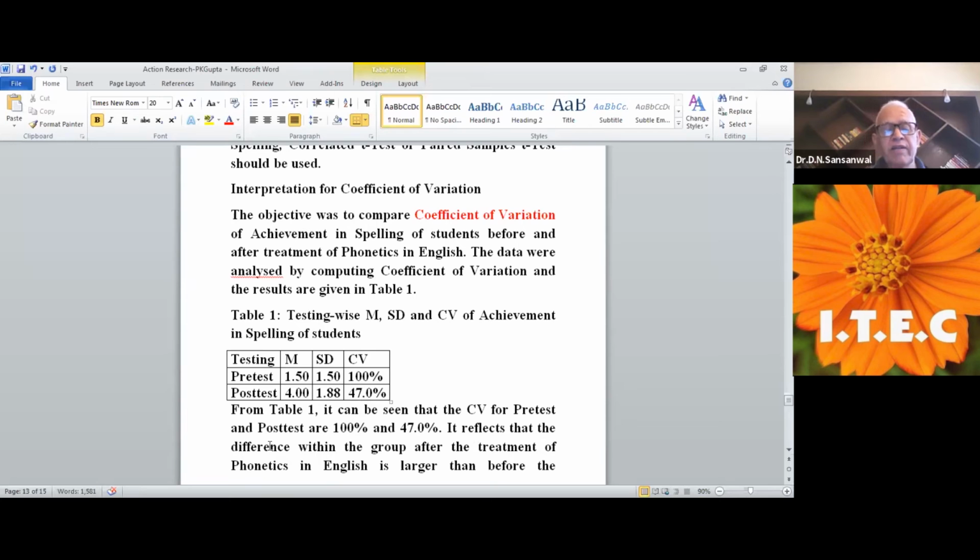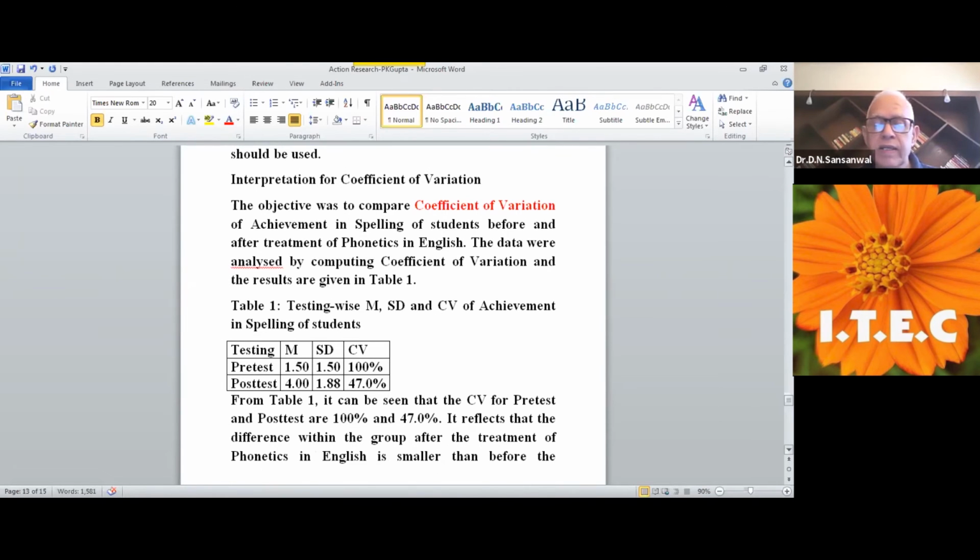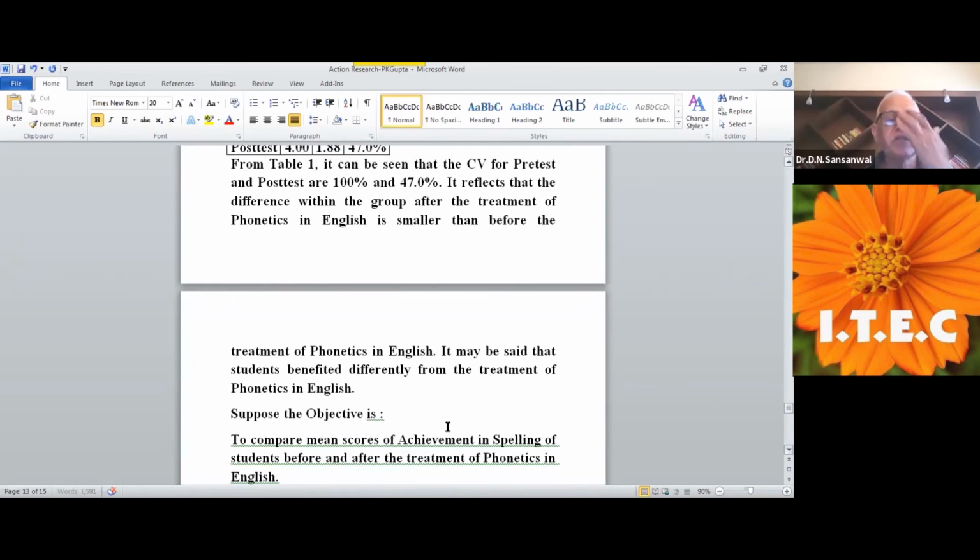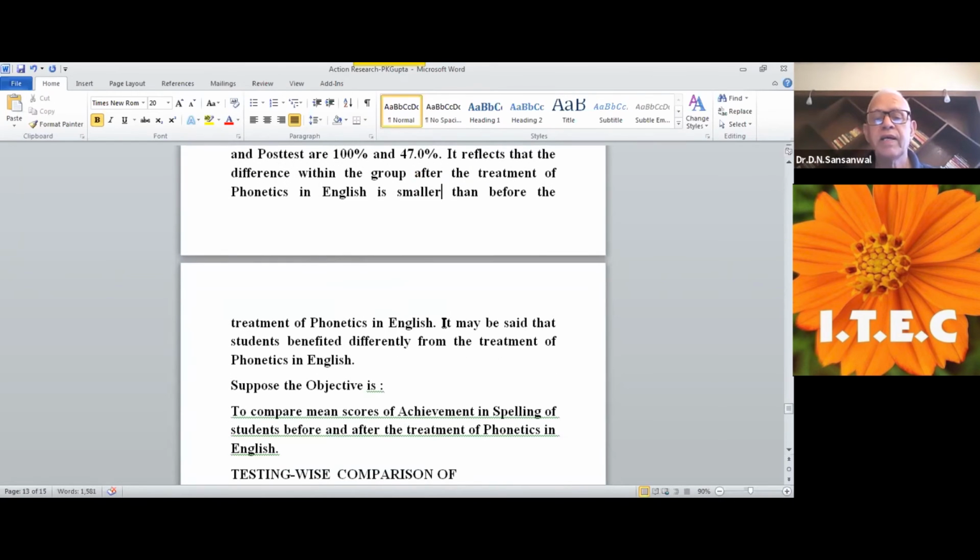It reflects that differences within the group after the treatment of phonetics are smaller than before the treatment of phonetics. When the differences have decreased, that means a lot of people did not know earlier, but now after the treatment they have started knowing.